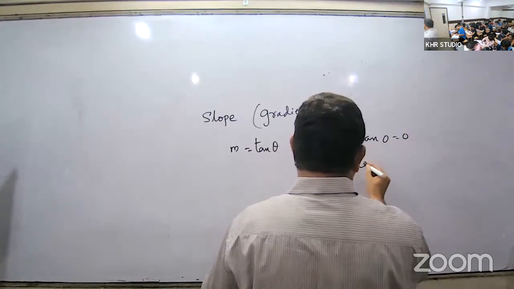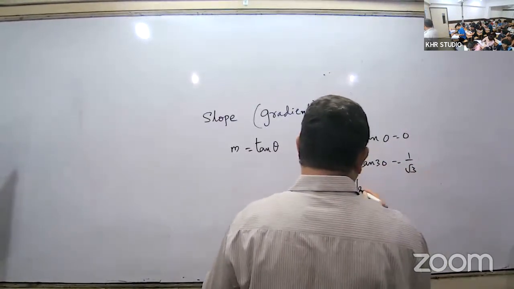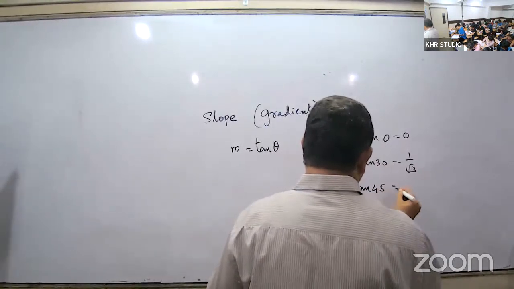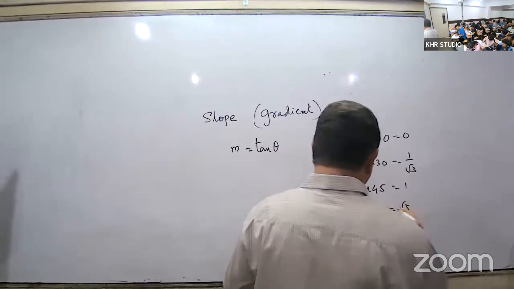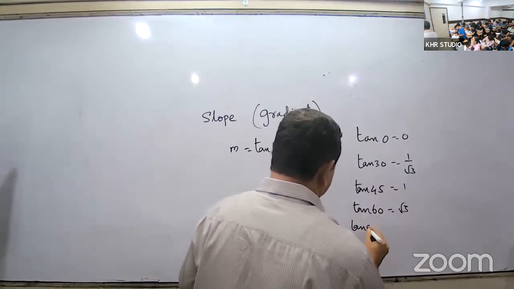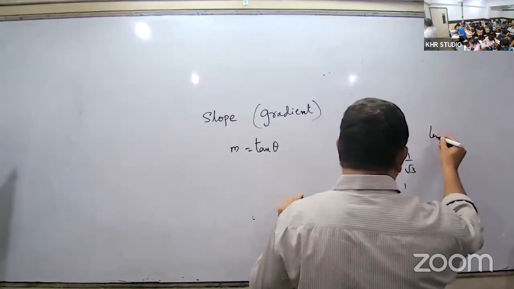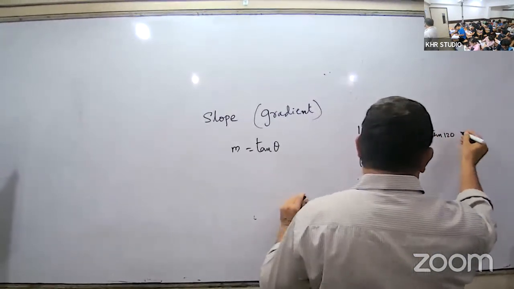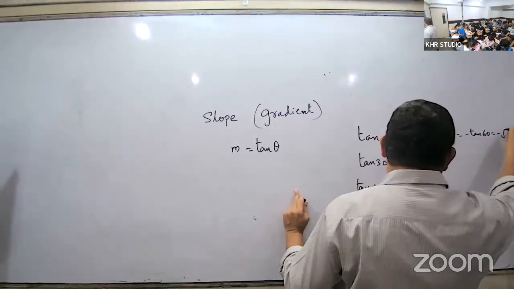Tan 30 is 1 upon root 3, tan 45 is 1, tan 60 is root 3, tan 90 is not defined. Tan 120 is equal to minus tan 60, which is equal to minus root 3.